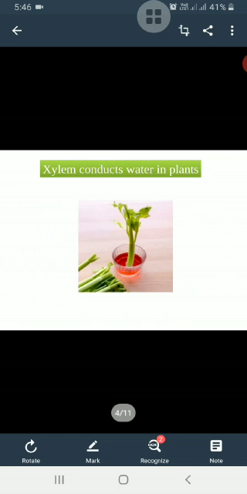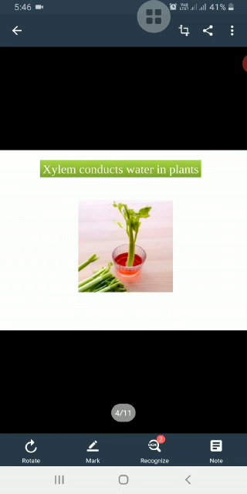We can show this by doing a small activity. You have to take a soft twig of a flowering plant and put it in a beaker or any container that contains water. Now add a few drops of red ink to the water. Leave the twig in the ink water for half an hour. Now cut a thin slice of the stem of the twig.